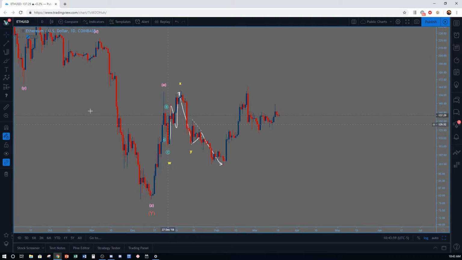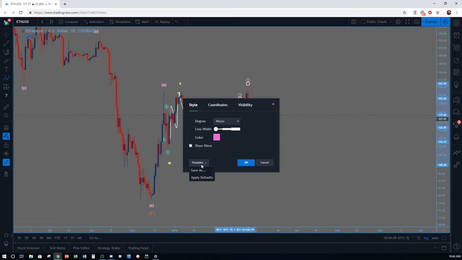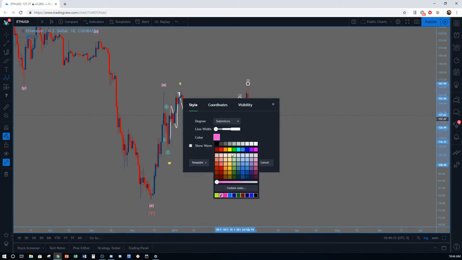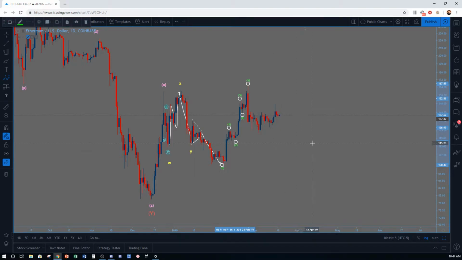So let's go ahead and label that 5-wave impulse. I haven't set these yet. Just like this.